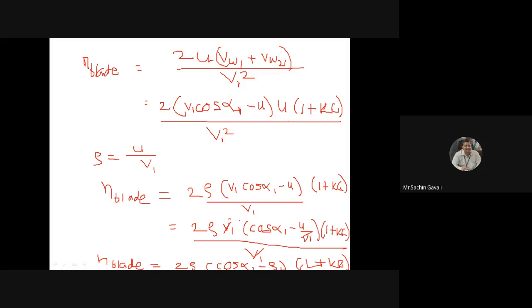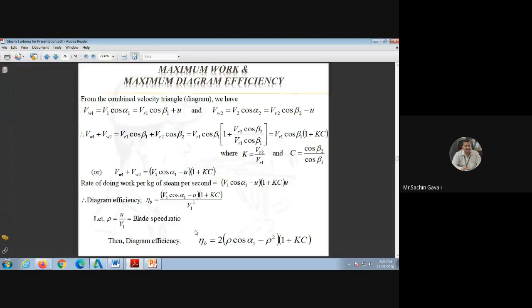Okay, now this is our derivation. Now eta blade is coming as 2 rho cos alpha 1 minus rho square, into bracket 1 plus KC. Just a minute.